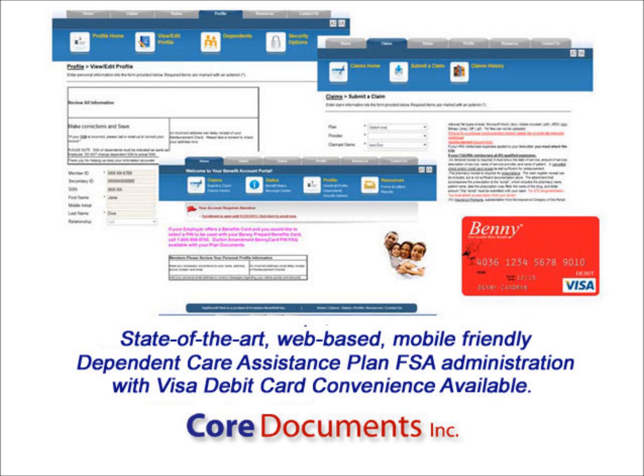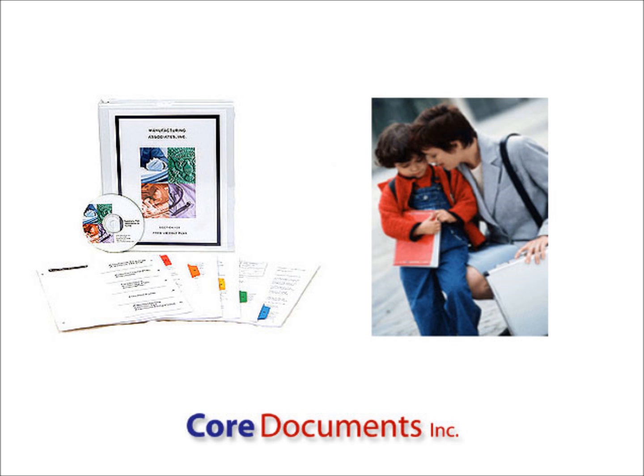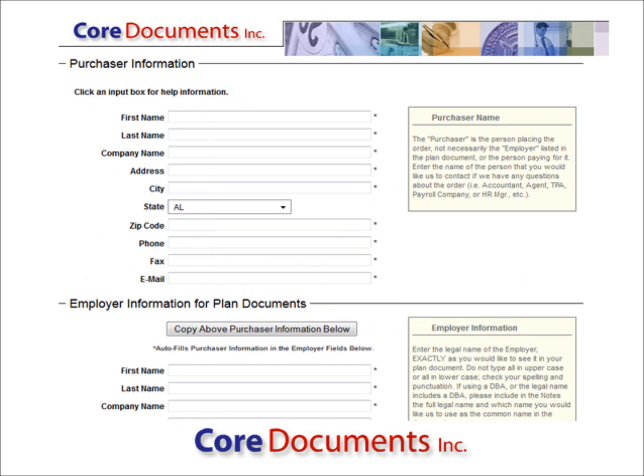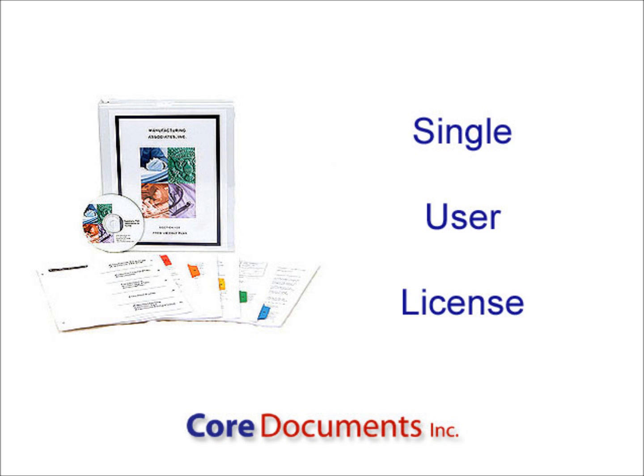Core Documents provides you with a custom FSA plan document prepared specifically from the information you provide in the application. You will receive a single user license for the plan document or combination of plan documents of your choice.